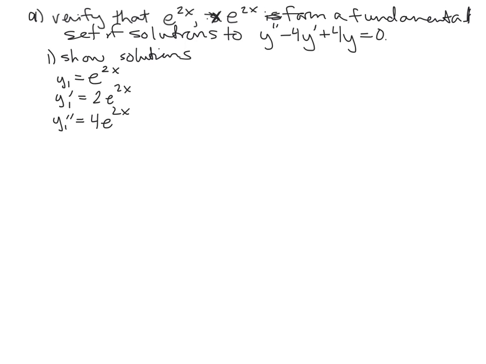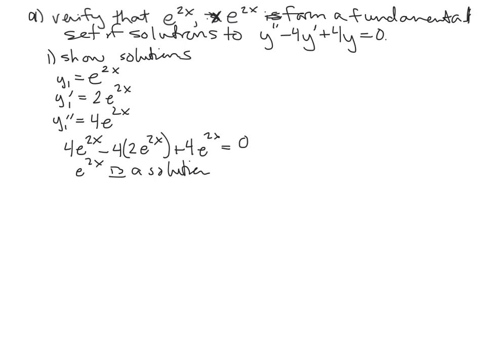Now if we plug that in, we get 4e to the 2x minus 4 times 2e to the 2x, that was the first derivative, plus 4 times e to the 2x. Let's check: we've got a minus 8, a plus 4, and a plus 4, and sure enough those all cancel and we get 0. So that means that e to the 2x is a solution.